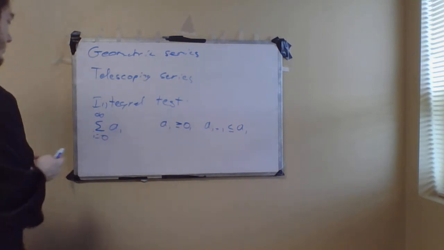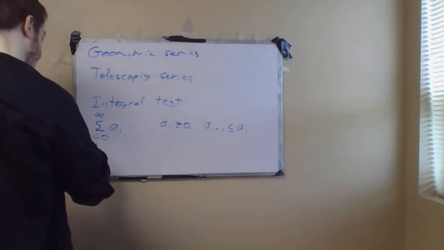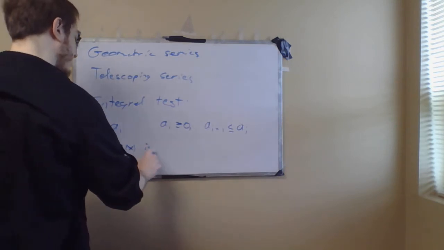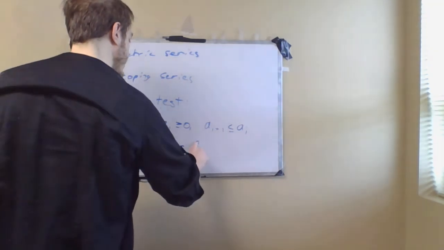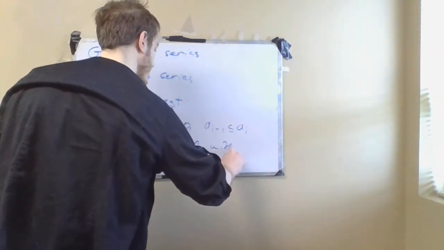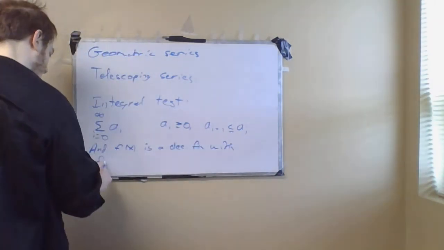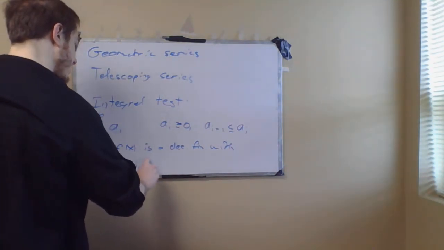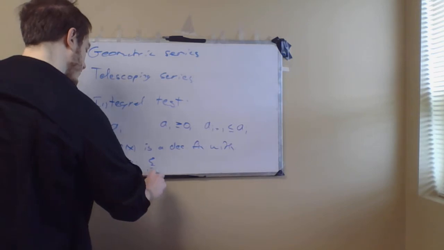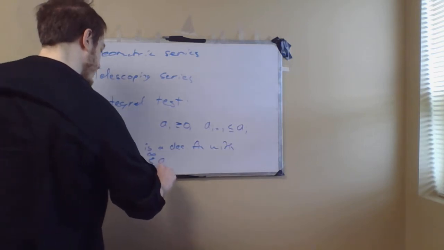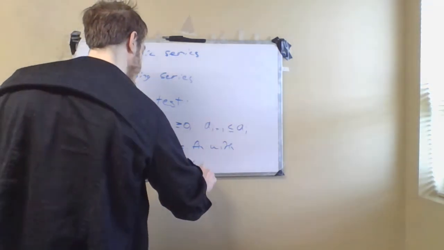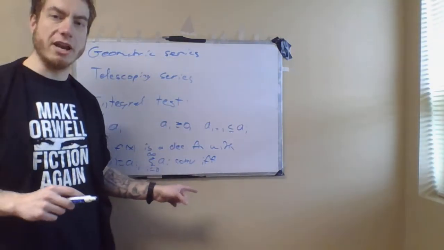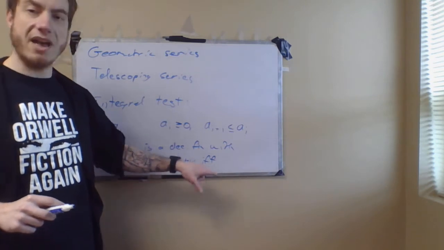Then, if f of x is a decreasing function with f of i equal to a sub i, the sum from 0 up to infinity of the a sub i converges if and only if, which in mathematics we often write as iff.